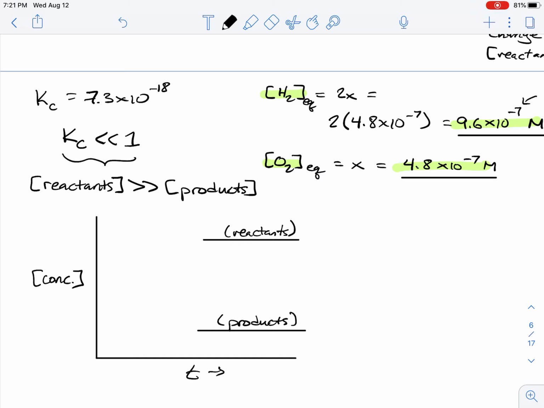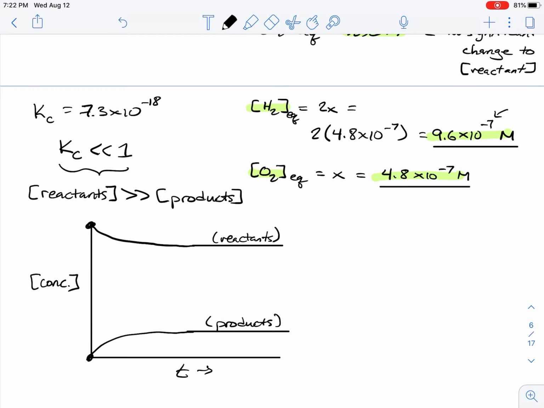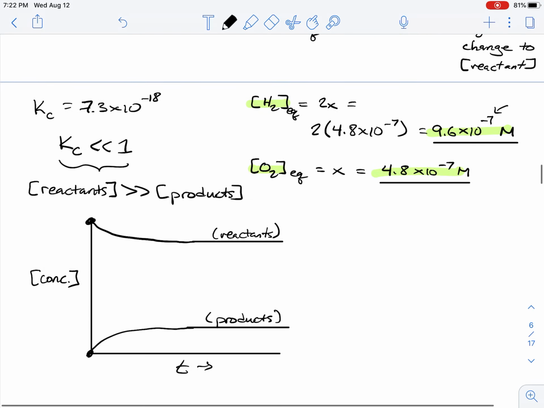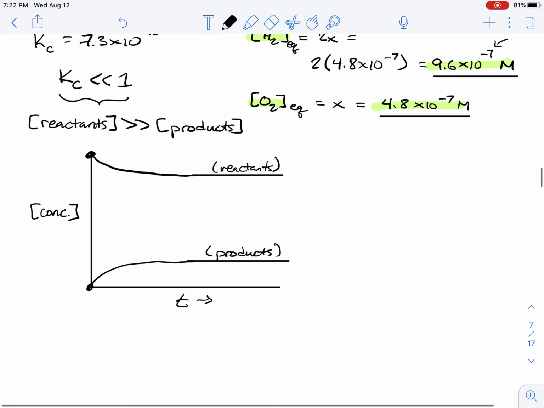If you recall, the concentration of the reactants is 100%, so we're up here, and we connect this dot to this line. At the initial time period, the amount of products is 0%, so I connect that point to this line. This is what the concentration versus time graph of reactants and products looks like when Kc is far, far less than 1.